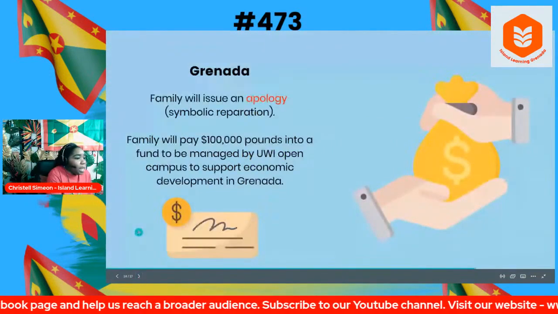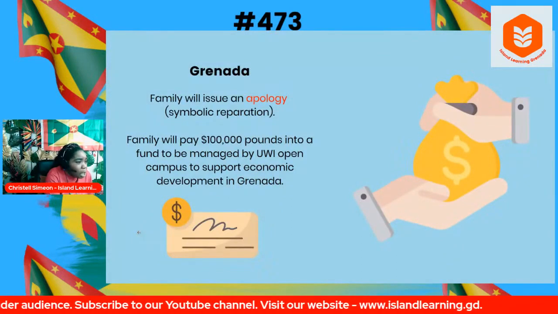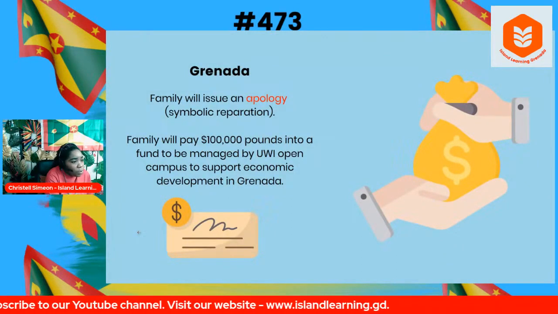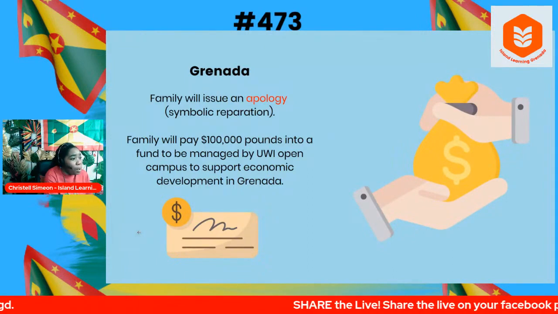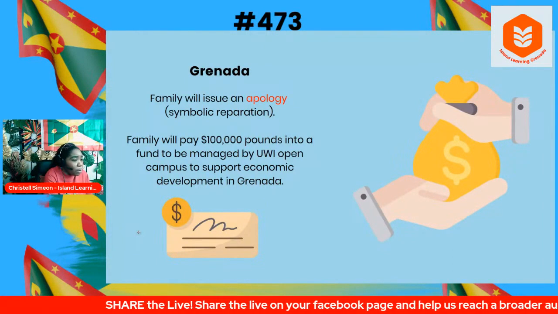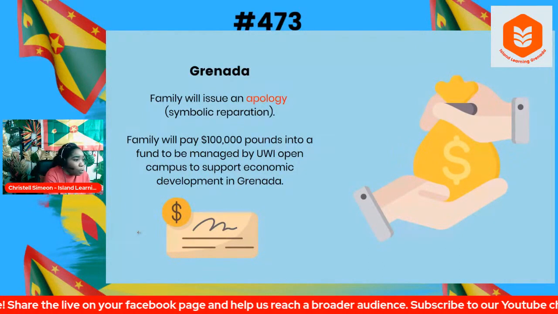So, getting back to the point, on Monday, February 27th, members of the Trevelyan family will be here in Grenada to issue a public apology. The letter of apology has already been prepared and sent down, so you can read it online.